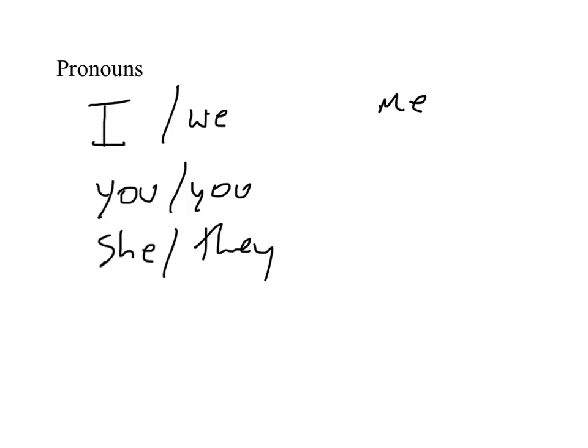So that in an object or possessive, we have a different form, and the same goes for first, second, and third person. This is no different than Hebrew, and right now we're going to focus on the subject pronouns in Hebrew.